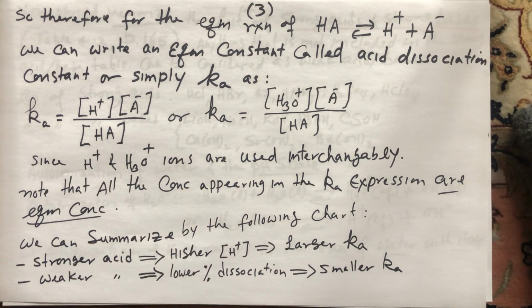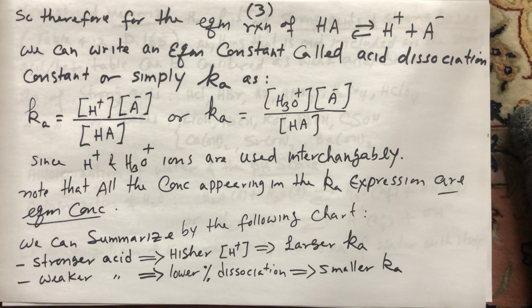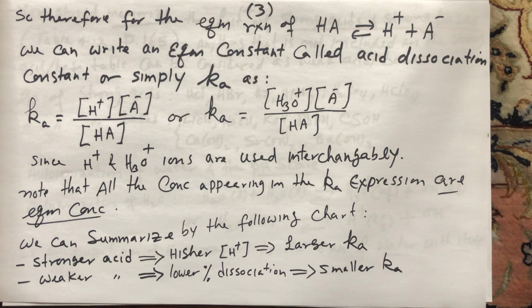And that's what we are summarizing at the bottom of the page: for strong acid, the H plus concentration is higher. For the weak, the H plus concentration is lower. The percent dissociation basically refers to the amount of H plus that is being dissociated compared to the original concentration of the acid.